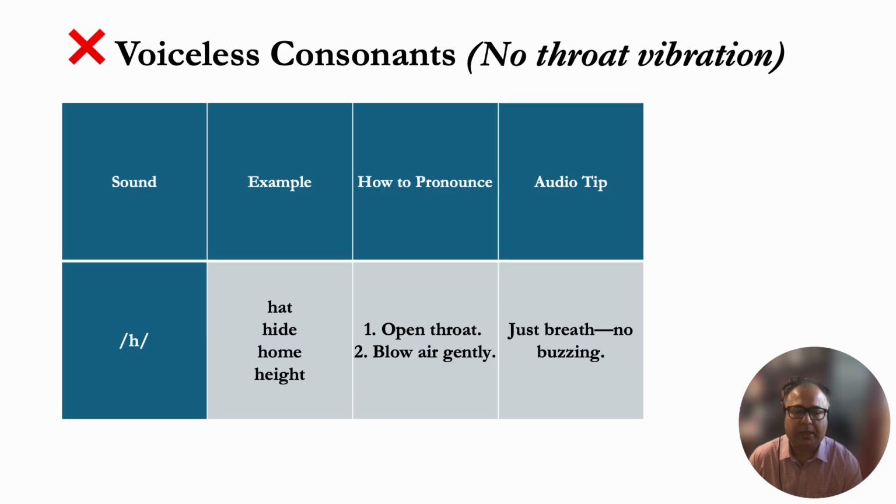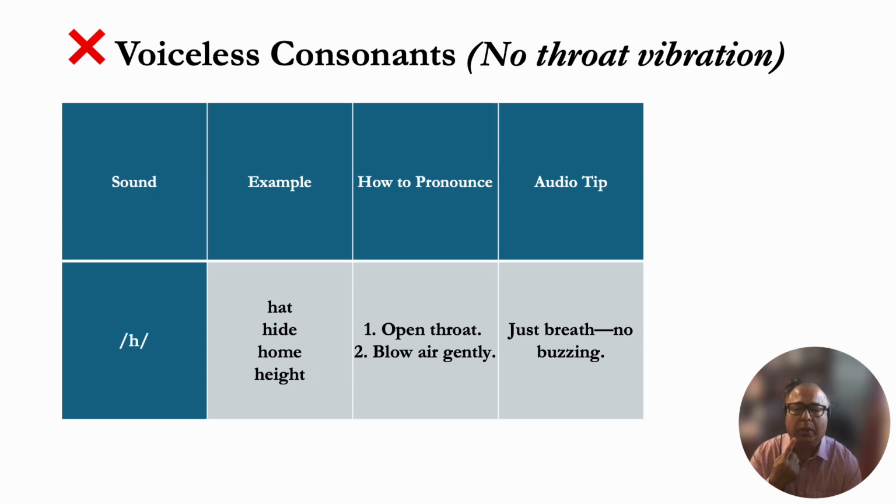The next sound is h. Let's pronounce some words. Hat, hide, home, hide. Notice the difference? Hide and then height. The first one is voiced and the second one is voiceless. So open your throat.